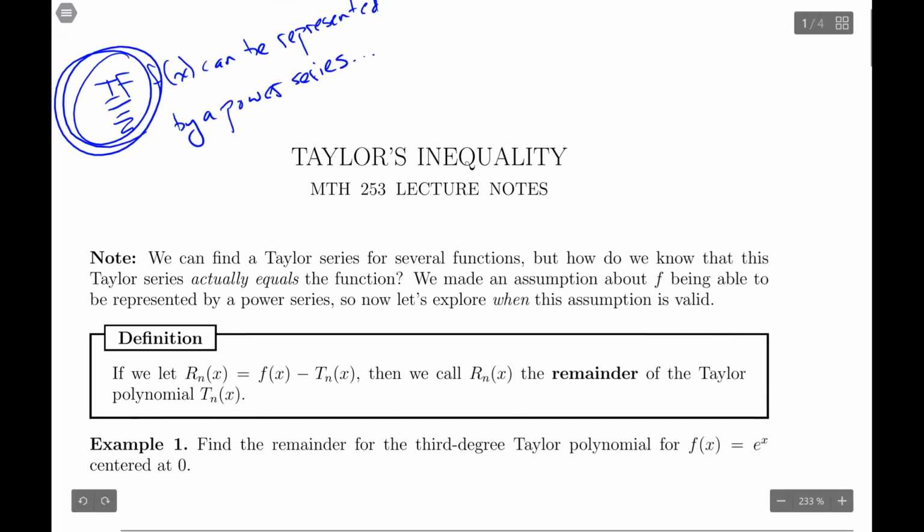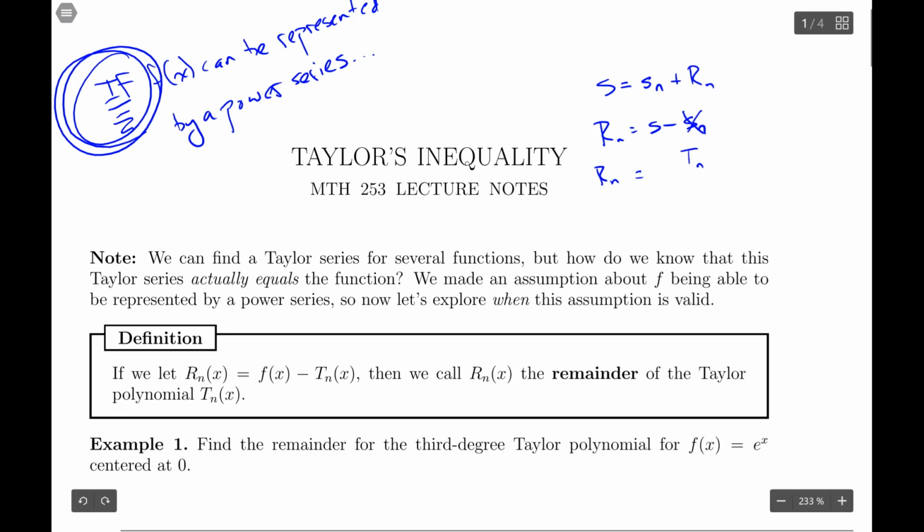So remember last time we were seeing that a sum was equivalent to a partial sum in addition to a remainder. So the remainder was the same as the sum minus the approximation. That's the same definition that we're making here, but instead of S sub n, we're using T sub n.